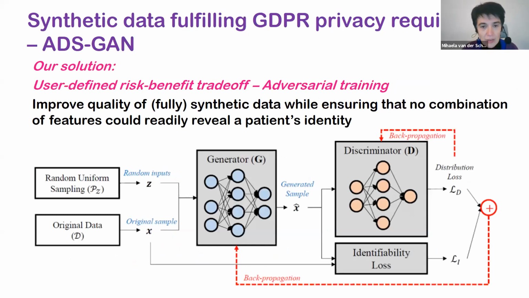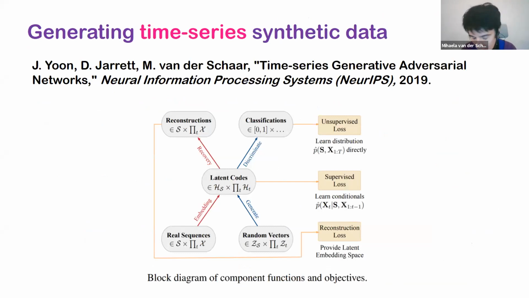This conditional generative adversarial network is then trained in such a way that provides high fidelity, thereby increasing the benefit of the data, while fulfilling the epsilon identifiability constraint that may be imposed by the owners of the data. This type of analysis then enables us to ensure that really no combinations of features could readily reveal a patient's identity.